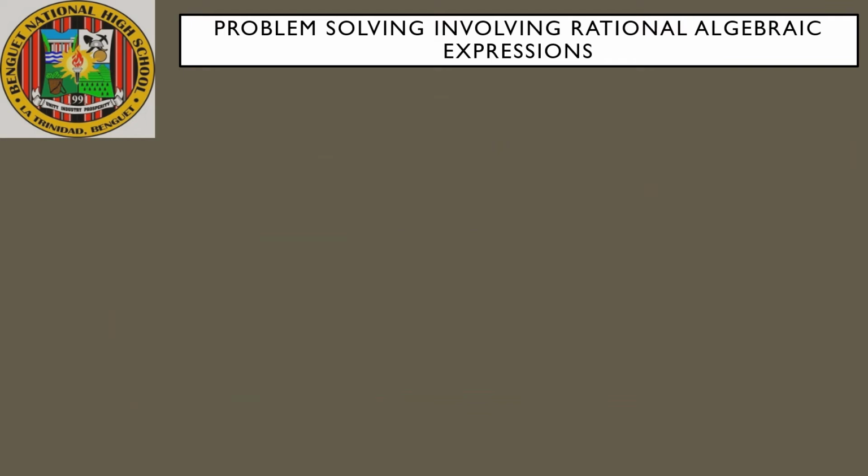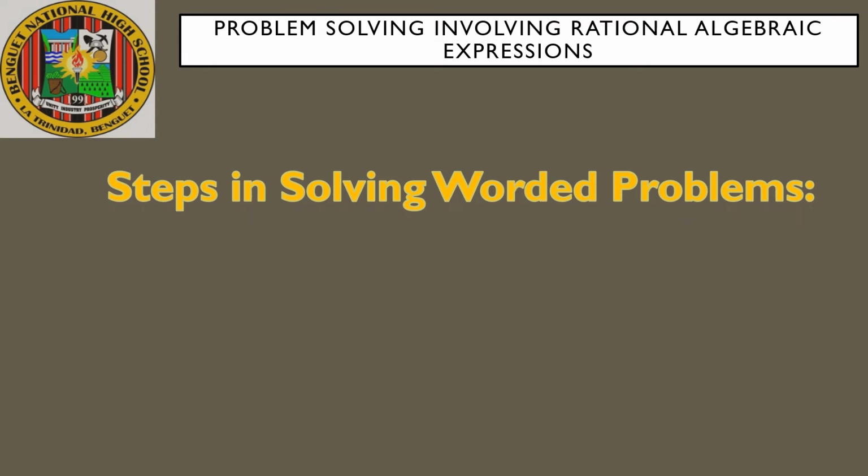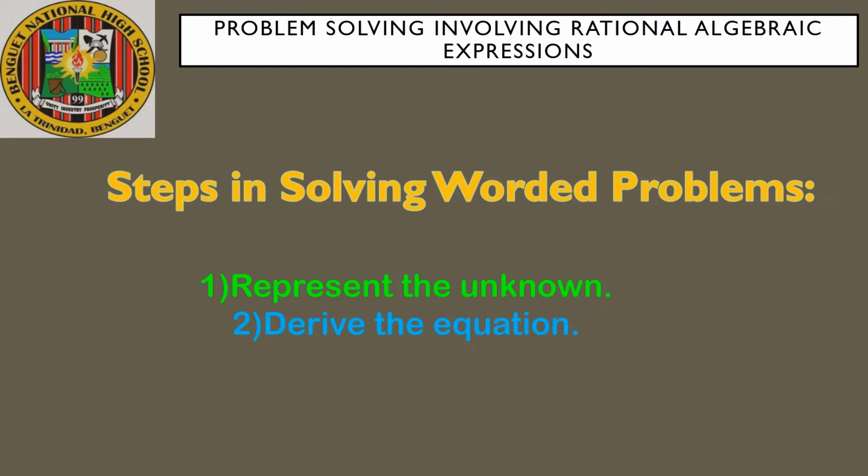Let's begin the lesson. In solving any worded problem, we follow these steps. First, we represent the unknown quantity in the problem with a variable in our mathematical statements. Second, we derive the equation based on our understanding of the problem and our translations of English phrases into mathematical statements.